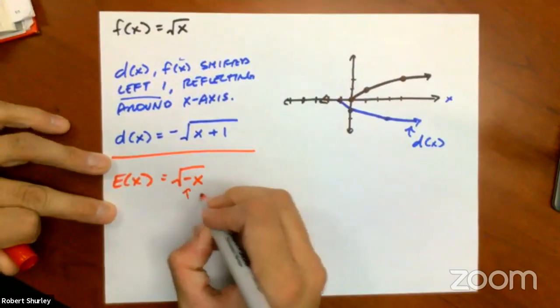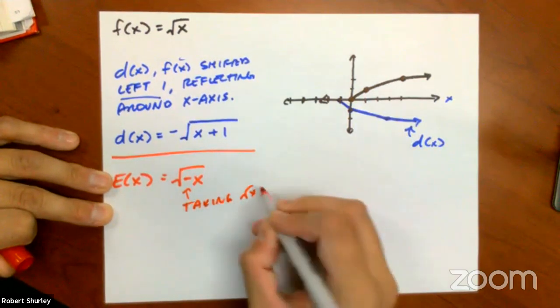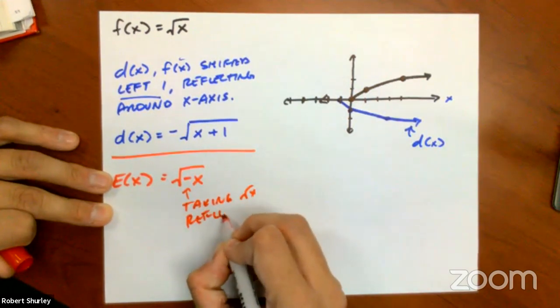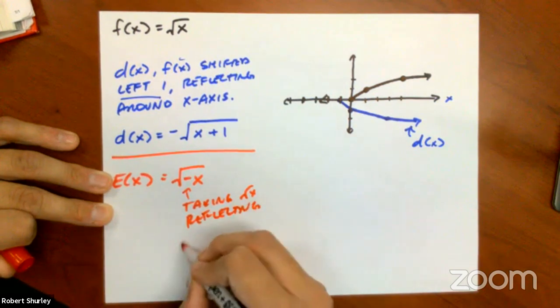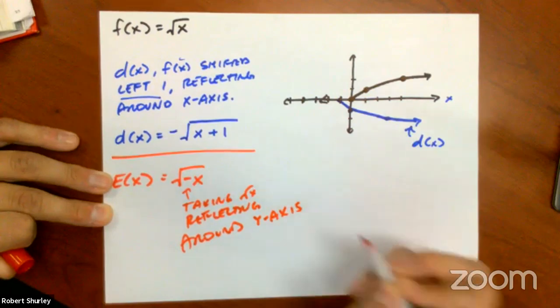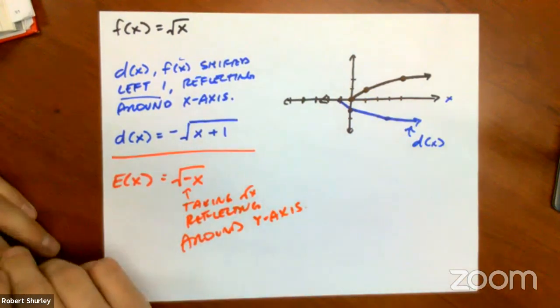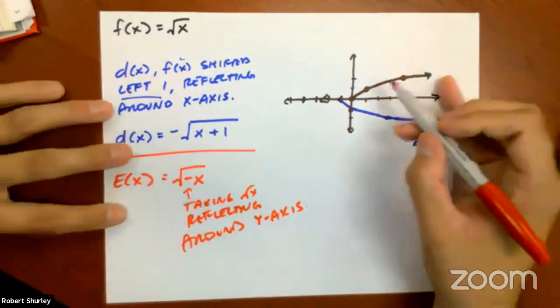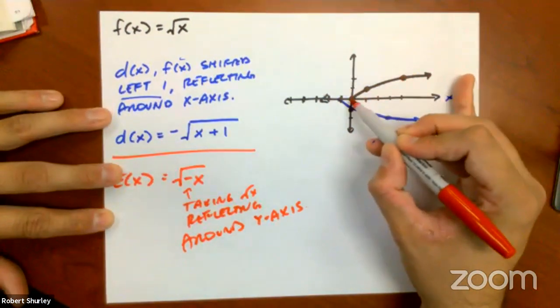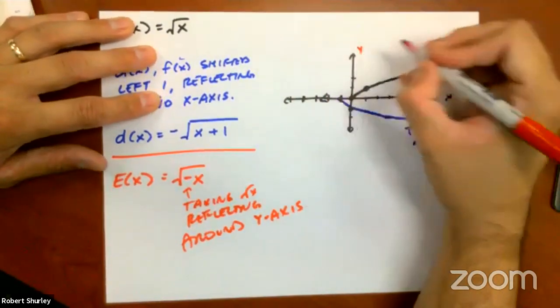So I know this means all I'm doing is taking the square root of x and reflecting around the y-axis. It's kind of hard. These markers are getting kind of soft. The penmanship's getting worse. Okay, but let's talk about that. So now we're going to take this original f of x function and we're going to reflect it around the y-axis.